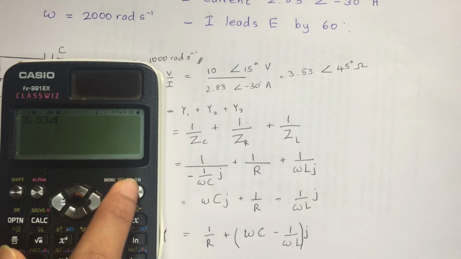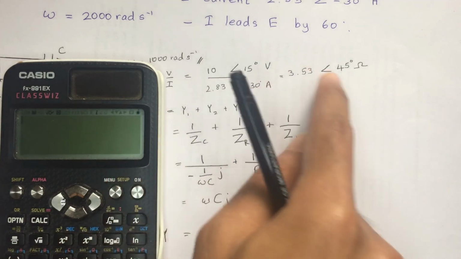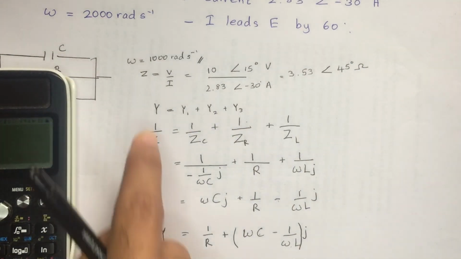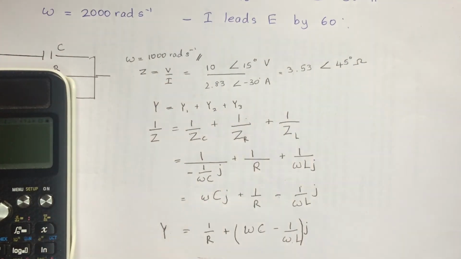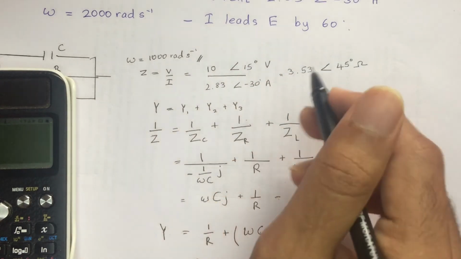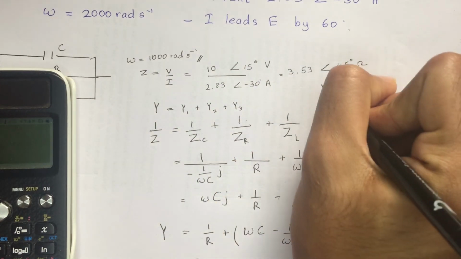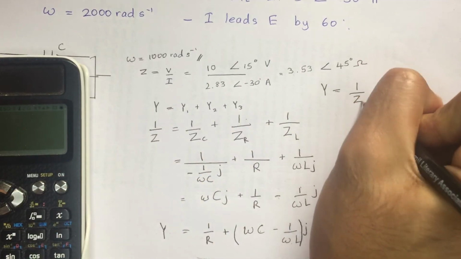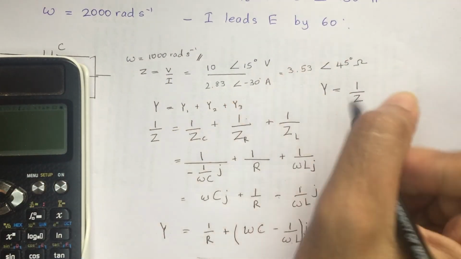Sorry, I think I have missed one thing. Yes, we need to change this one to the impedance so that we can directly check with this one. So I'm going to change this part to admittance. First of all, we actually knew that 1 over Z would be the admittance. So let's change this one.